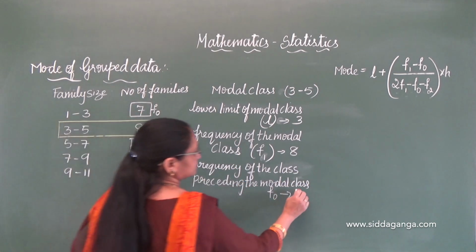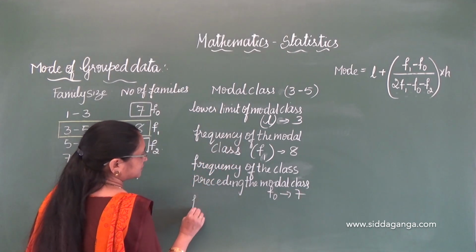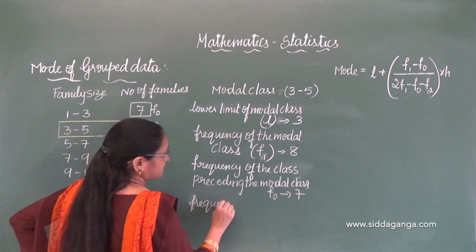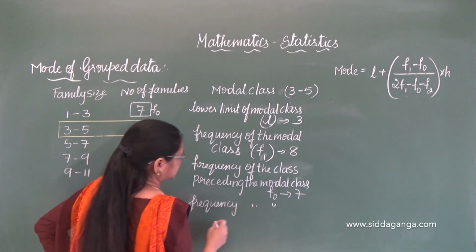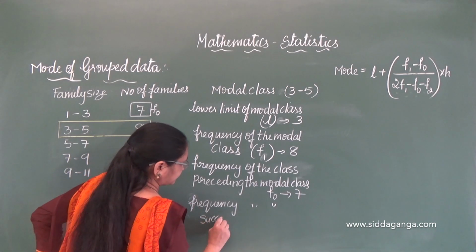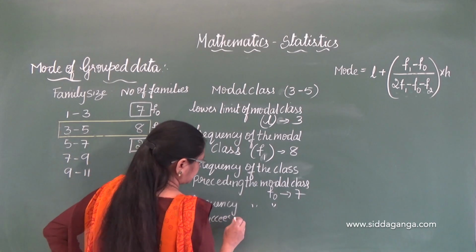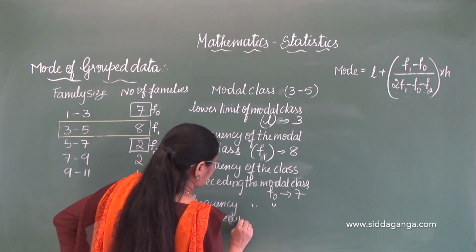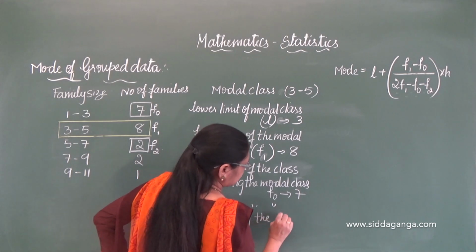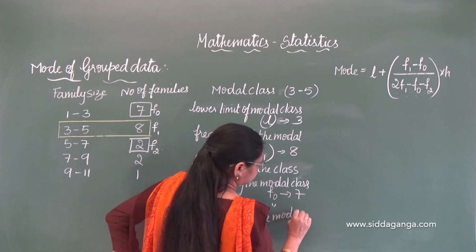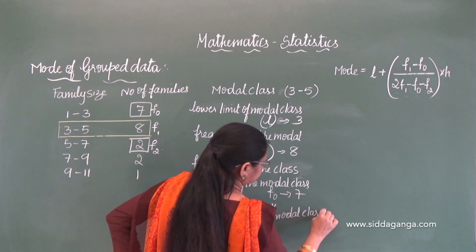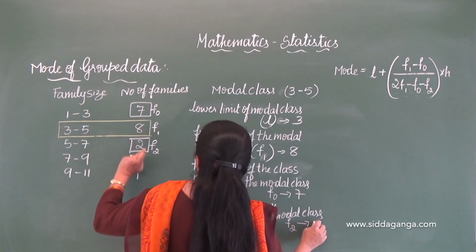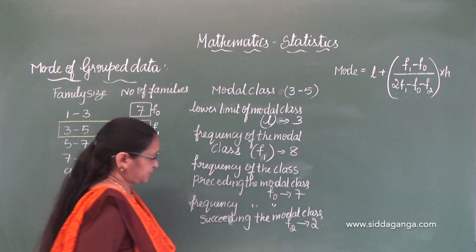F0 is 7. Then frequency of the class succeeding the modal class, that is F2. F2 is what? F2 is 2.